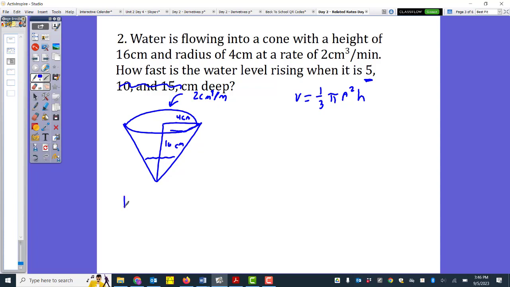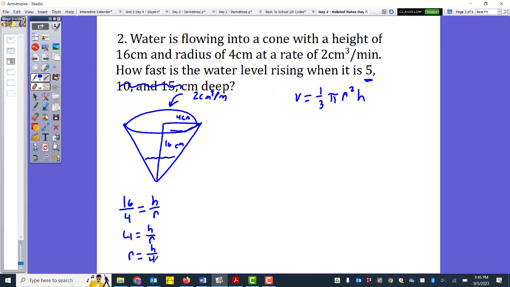So we know that 16 over 4, that proportion is always going to be height over r. Or 4 is always going to be height over r. So what we could say is that r is just height divided by 4. No matter what water level we're at, your r is always going to be height divided by 4.